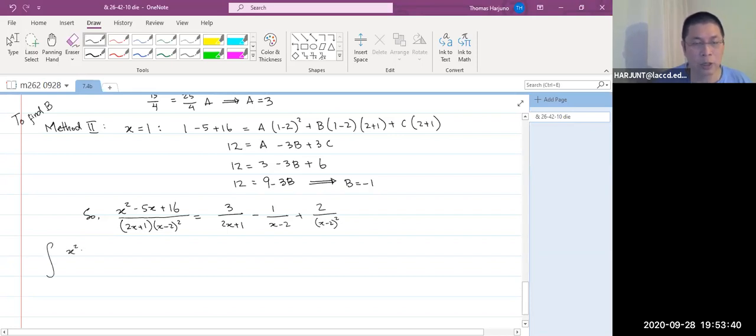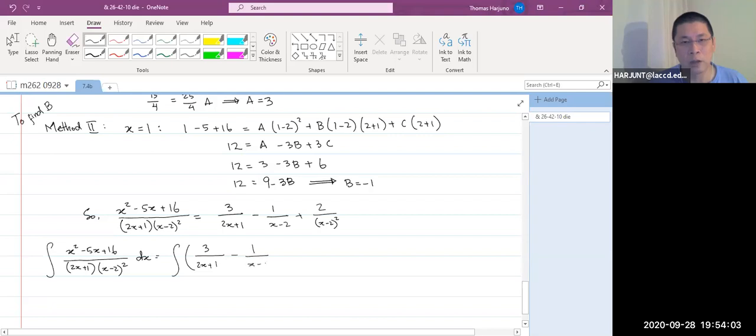The integral of x squared minus 5x plus 16 over 2x plus 1 times x minus 2 squared dx is equal to the integral of 3 over 2x plus 1 minus 1 over x minus 2 plus 2 over x minus 2 squared dx.